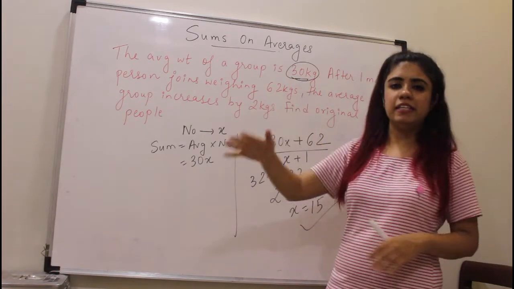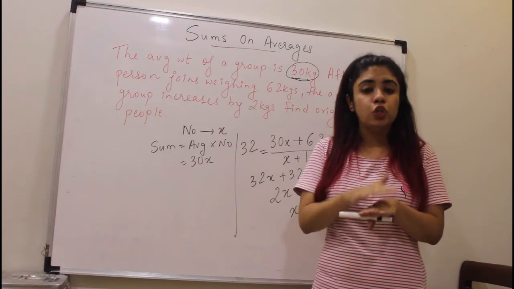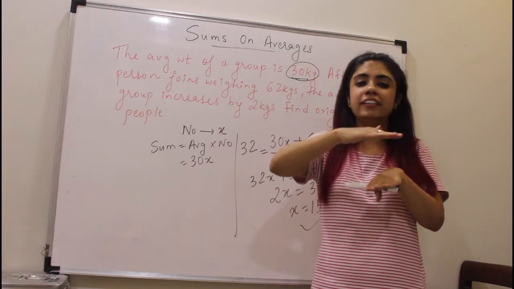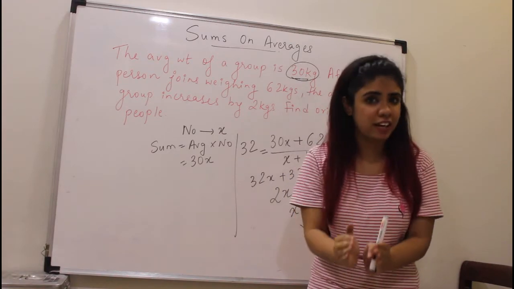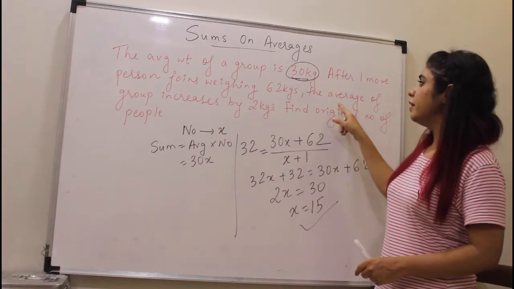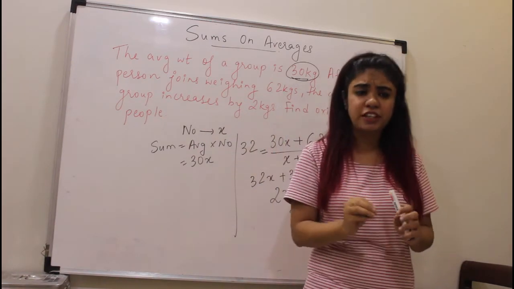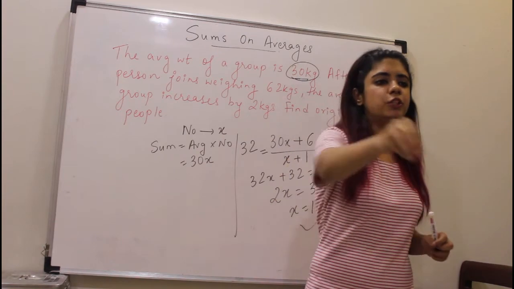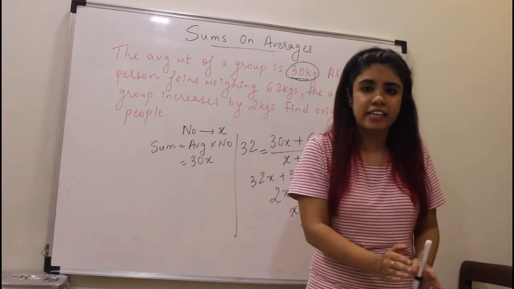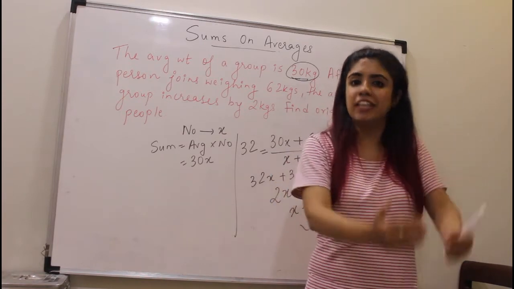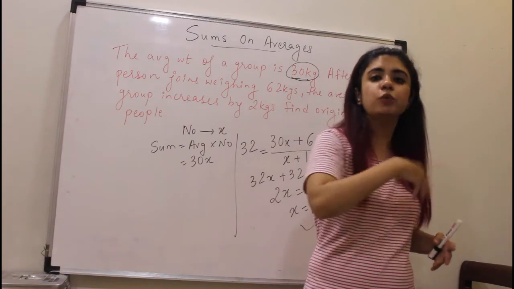So by how much was his weight more? See, everybody's average was 30. His weight was 62. So he was 32 more than the average. Correct? He was 32 more than the average. Right? We have 32 extra. Now what happened? The average of the group increases by 2 kgs. Now imagine I am giving 2 kg, 2 kg, 2 kg, 2 kg, 2 kg extra to everybody. So how much extra did I give? I gave 32 kgs extra because that was the extra part. So I'm giving 2 kg to every person.